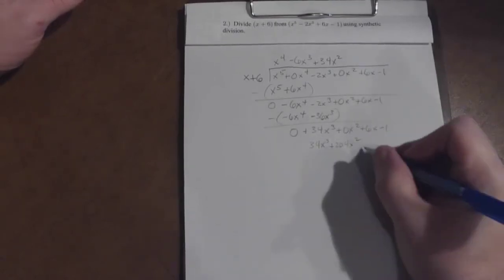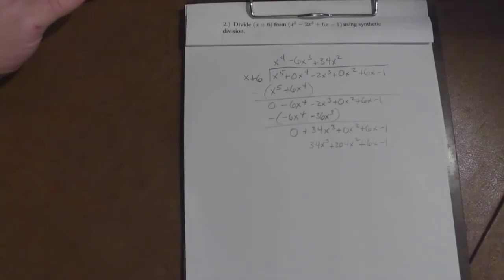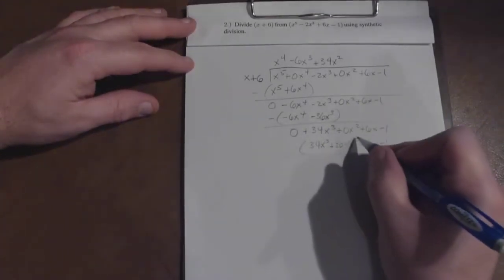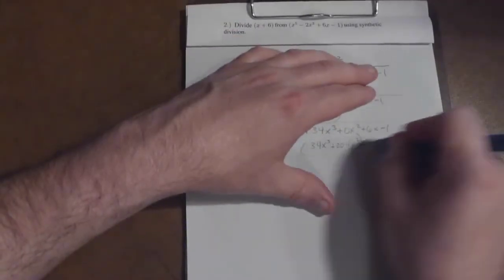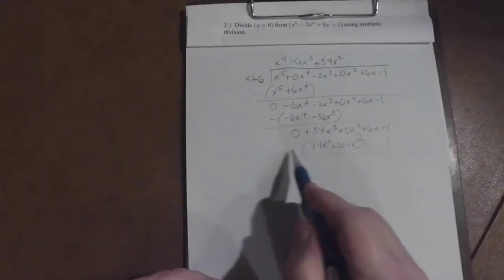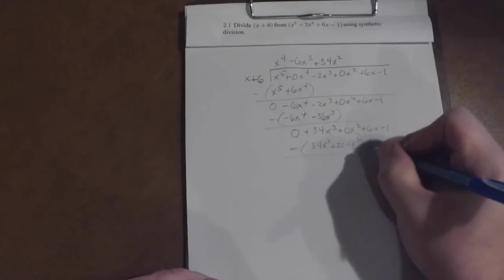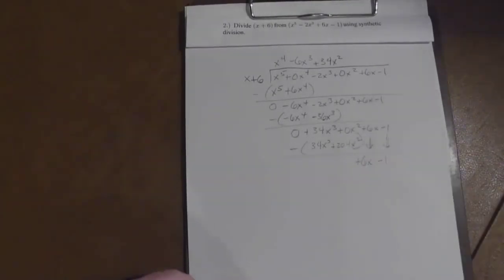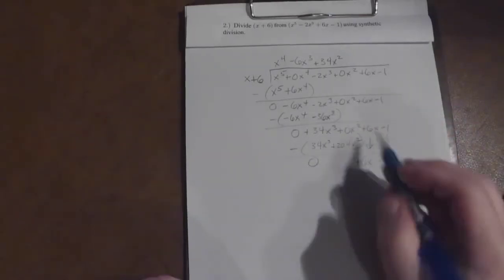So this is plus 204x squared plus 6x minus 1. And we subtract, I should be careful there. We're not bringing that down quite yet. We're going to just subtract this quantity from above, and these are going to be dropped down to 6x minus 1 down here. All right?